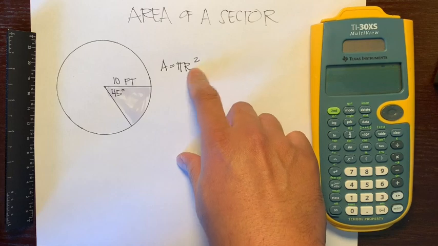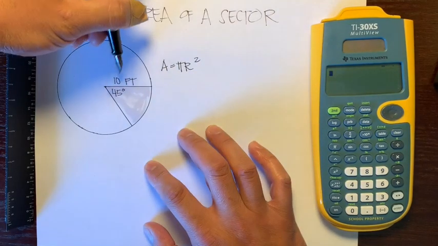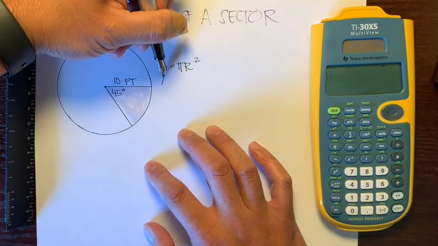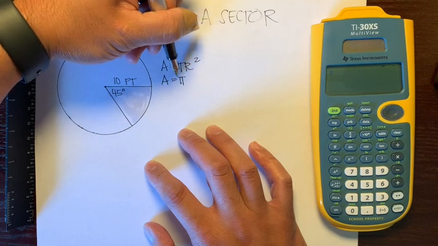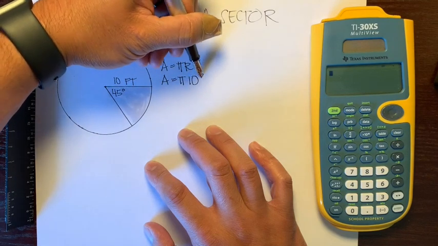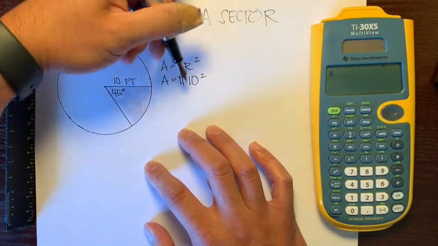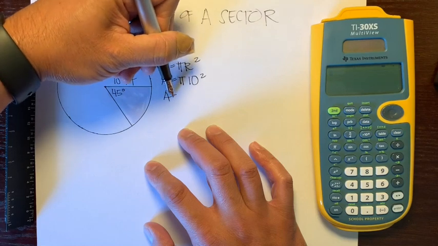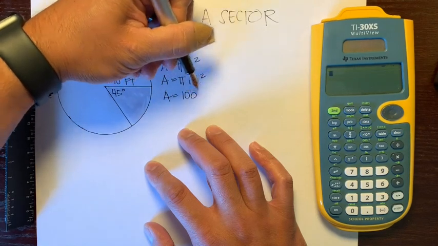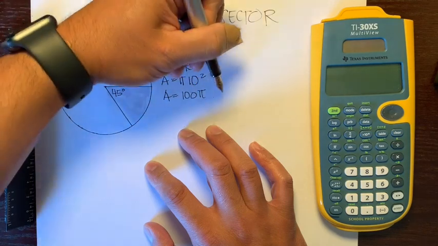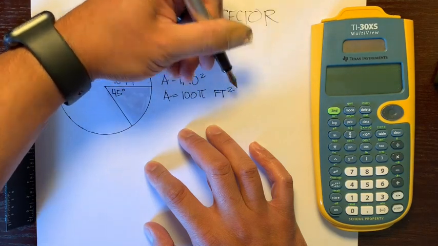So we're going to square the radius. Our radius is 10, so A equals pi times 10 squared. 10 squared is 100, so the area for the entire circle is 100 pi feet squared.